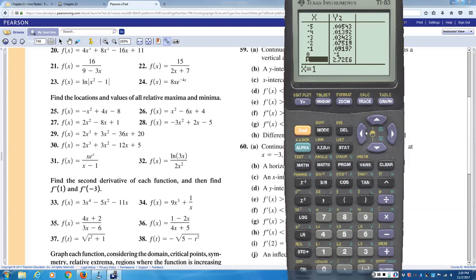And then as I get larger and larger and larger, the derivative is growing. So for values that are greater than 1, the derivative is positive. For values that are less than 1, it's still positive. Wonder what that means about the function.